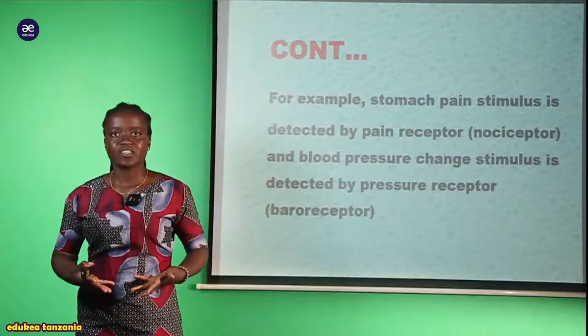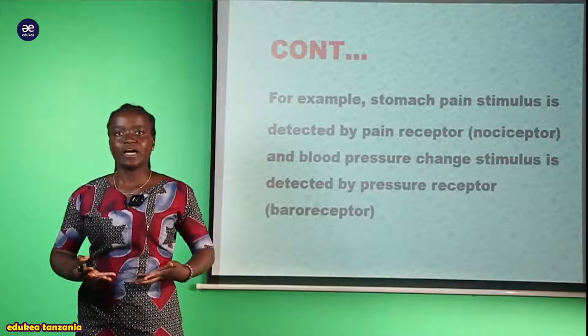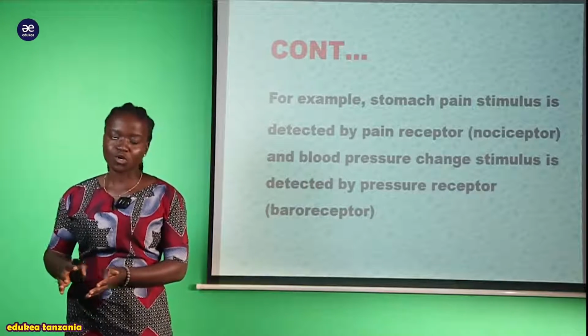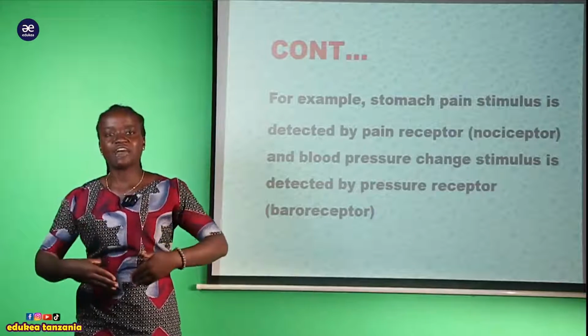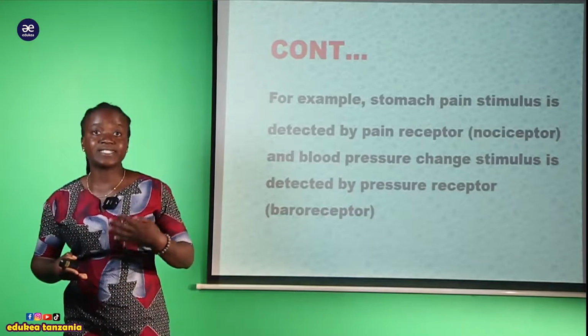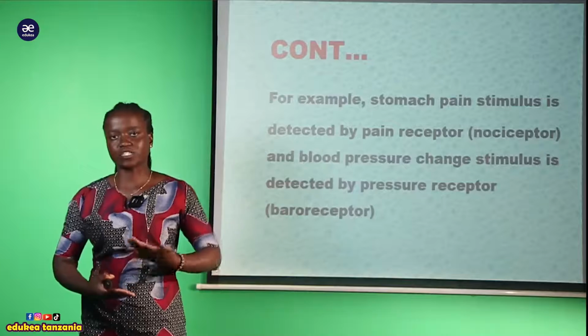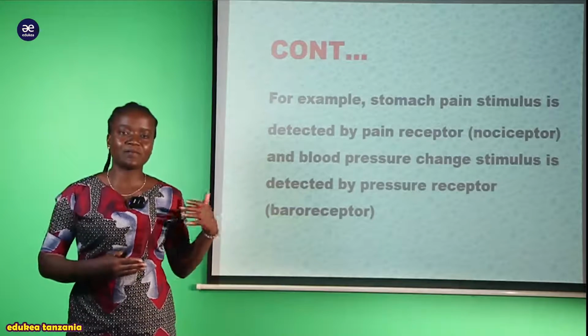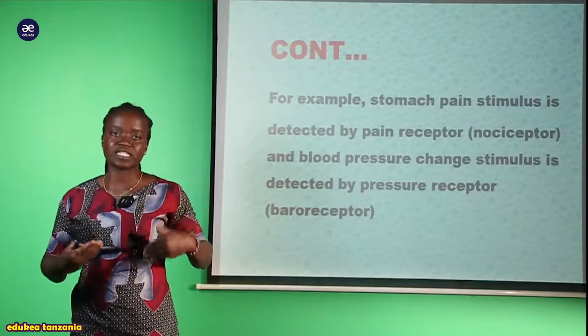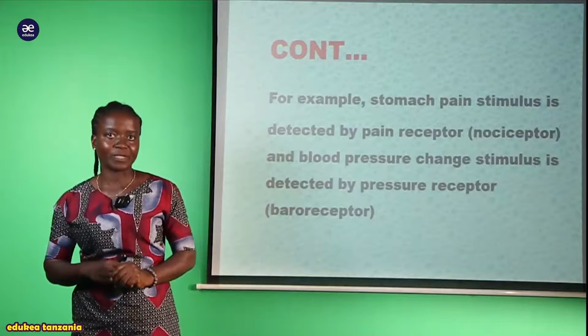It detects there is a problem within the body. So the problem acts as a stimulus. Thereafter, it provides an appropriate response by taking you to hospital, tunasema kwamba by providing you appropriate drugs so that it can cure your problem.